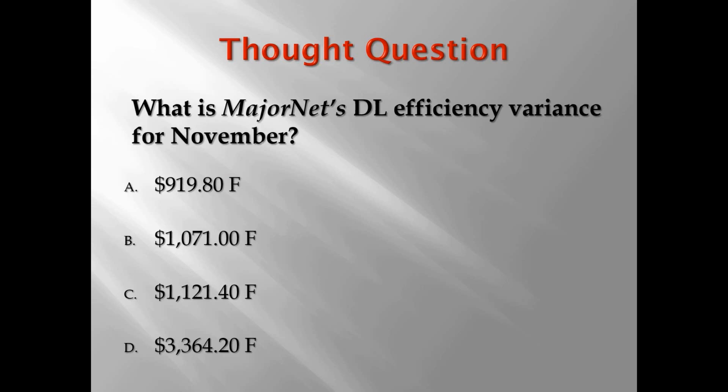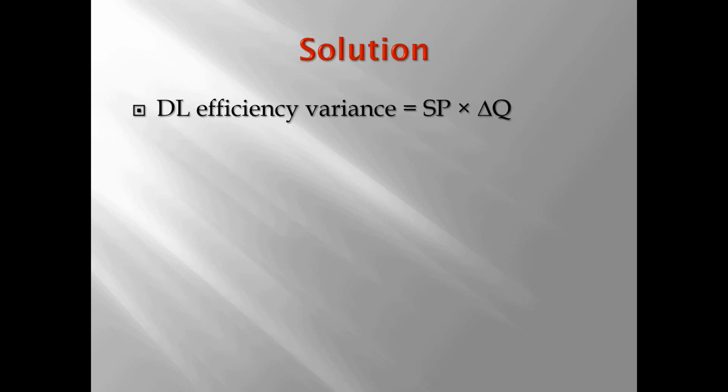So, what is Medinet's direct labor efficiency variance for November? Take a minute to try to solve this problem. The formula for a direct labor efficiency variance is the standard price times the difference between the actual quantity of labor used and the expected quantity.